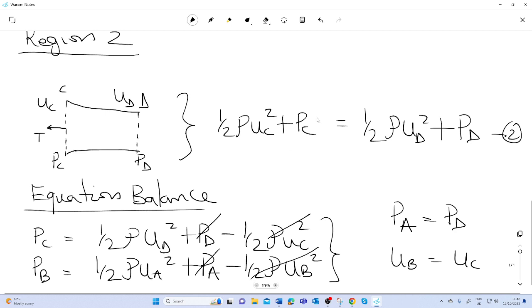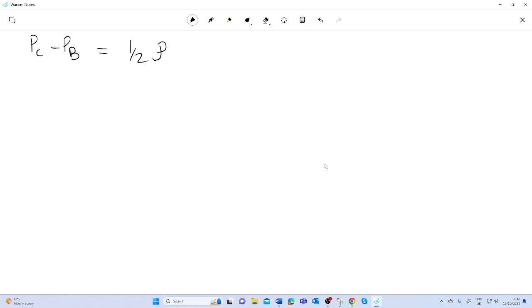Now the equation we have left for PC minus PB equals half rho UD squared minus half rho UA squared.